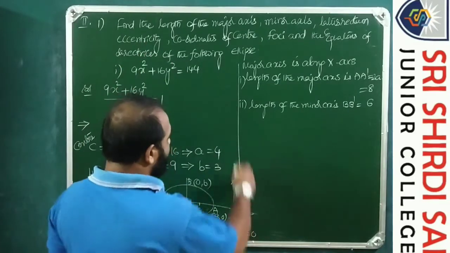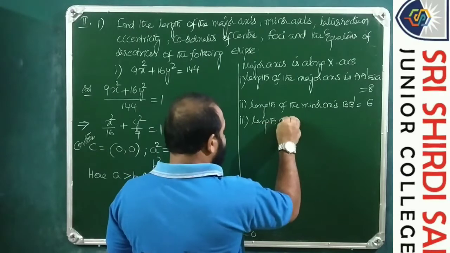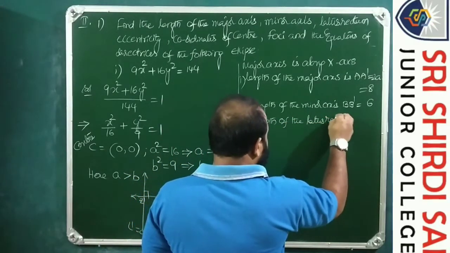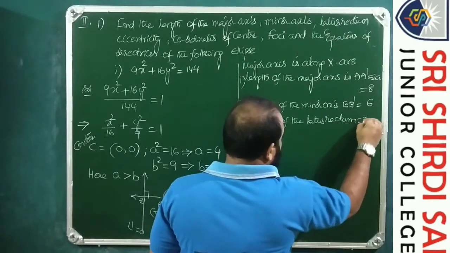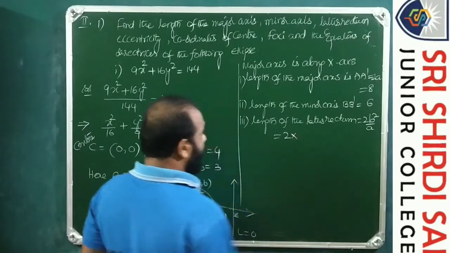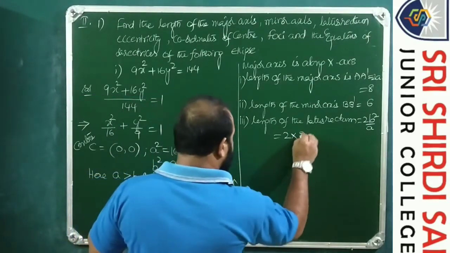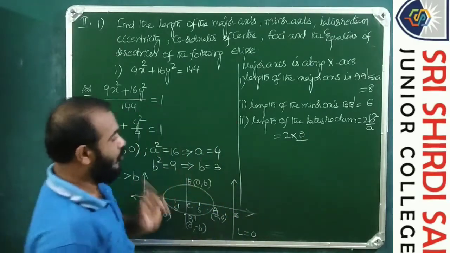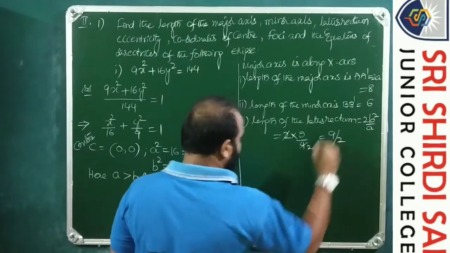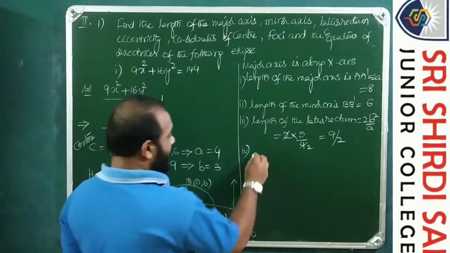Now, latus rectum. Length of the latus rectum is equals to 2b square by a. This is equals to 2 into b square, which is 9, by a, which is 4. So this is 9 by 2. Next, eccentricity.